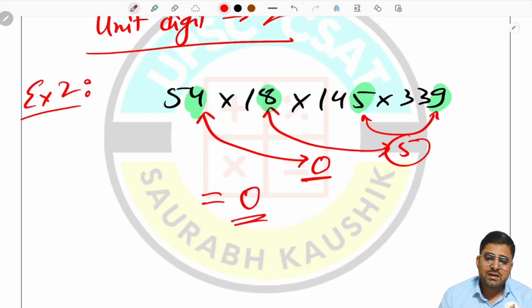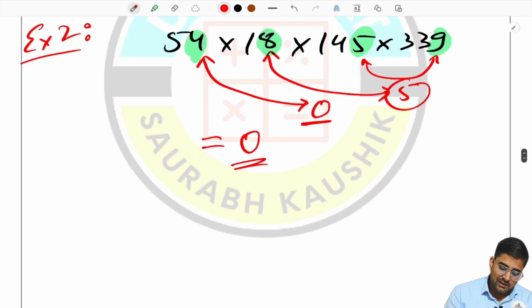Why should I waste my time calculating things? You have to be clever enough to see clearly where to invest your time or not. That's not a trick, it's a concept. People sell their course by selling this. These are the tricks. So it's not a trick.